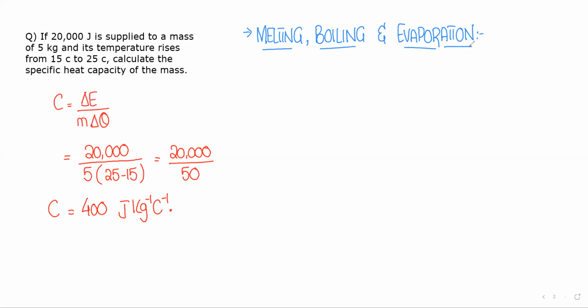So let's start with the melting process. Melting takes place for solids. When we try to change the state of matter from solid to liquid, if we provide some thermal energy to the solid, it will convert into liquid.